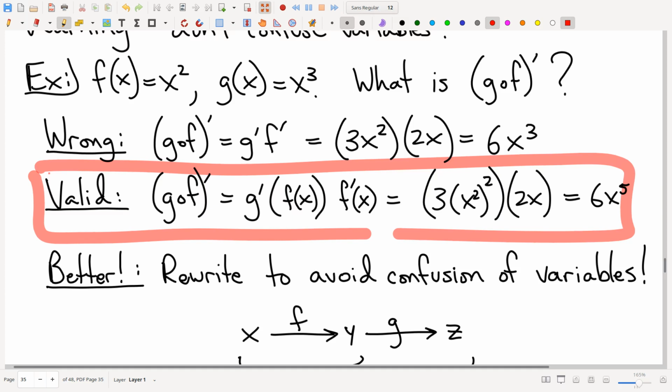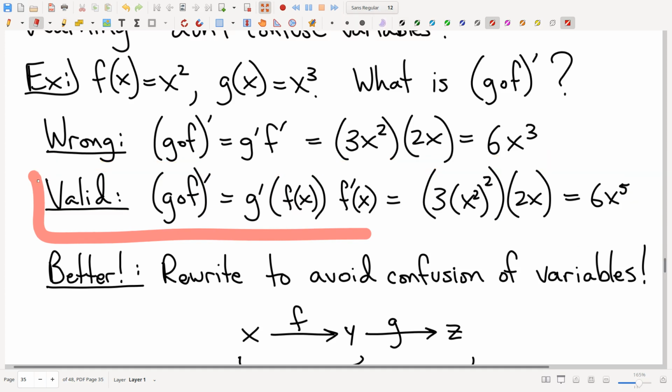But as you're taking the derivative of g prime, x isn't the input to f. It's the thing that you are plugging into g prime. It's effectively f of x in this context. That's super confusing. And I claim that we have, in fact, literally committed a crime called confusion of variables.